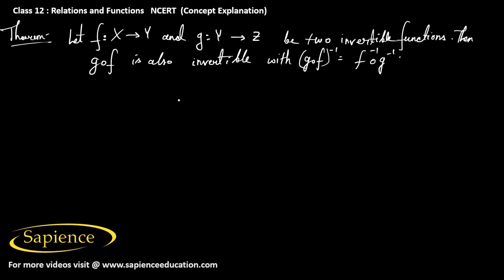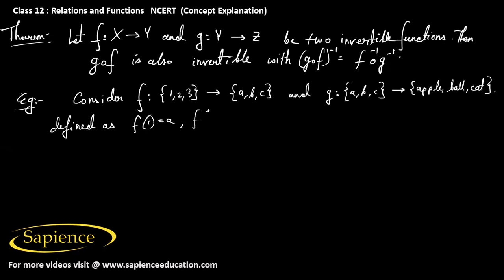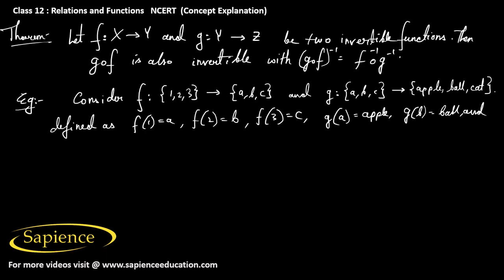So we can understand this by one suitable example. Consider f maps from the set {1, 2, 3} to the set {A, B, C}, and g maps from the set {A, B, C} to the set {apple, ball, cat}, which are defined as f(1) is equal to A, f(2) is equal to B, and f(3) equal to C, and g(A) equal to apple, g(B) equal to ball, and g(C) equal to cat.